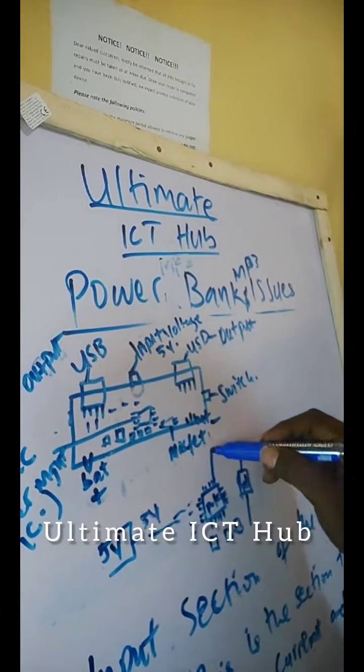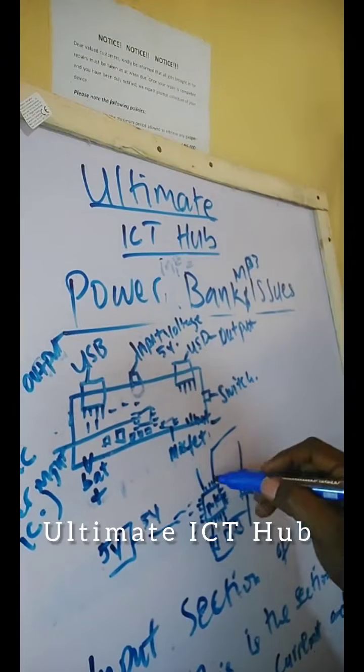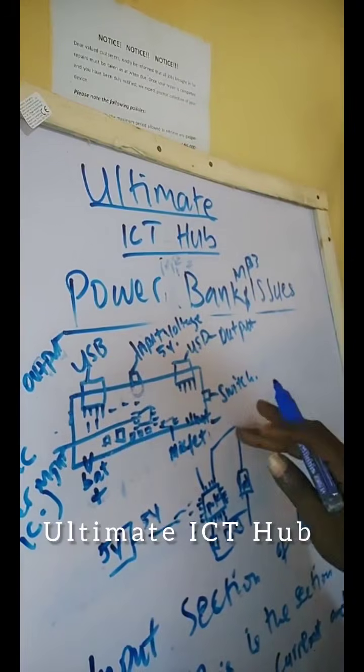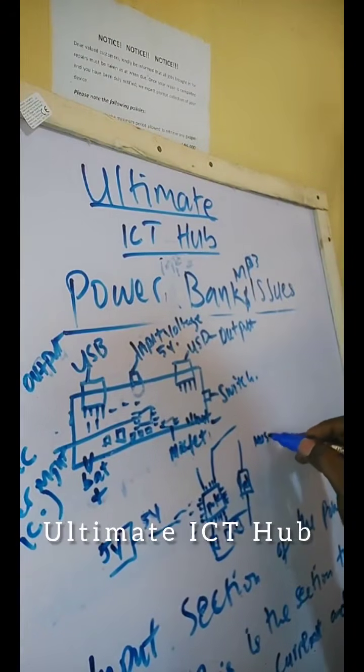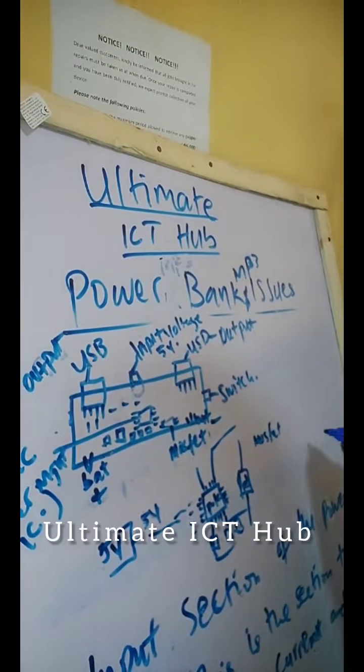It begins to supply, begins to flow, just like that. Then when it begins to flow to this place, we have what we call the MOSFET or inductor. You understand?